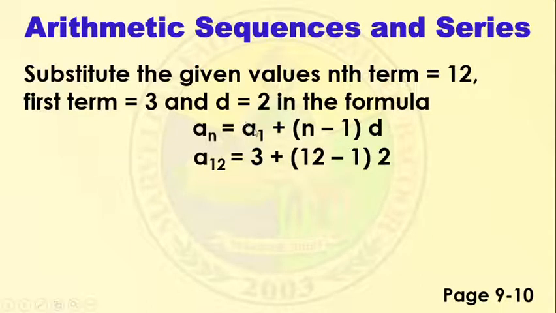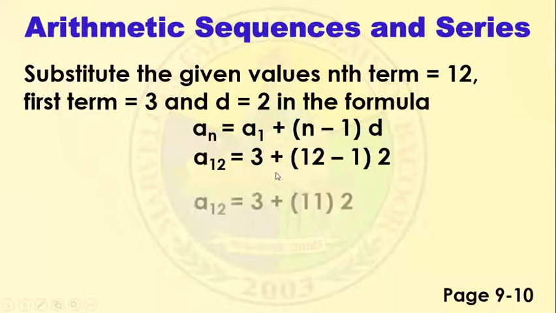Next, yung a sub 1 po natin is given, yung first term natin is equal to 3. Kung ano po yung term na hinahanap, pareho po dapat yung ilalagay sa value ni n. Ang term na hinahanap ay 12, so dapat ang value ni n ay 12 din. Minus 1 times d, yung value po ni d ay 2.